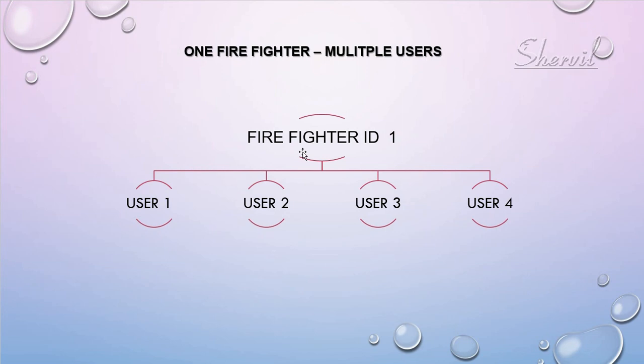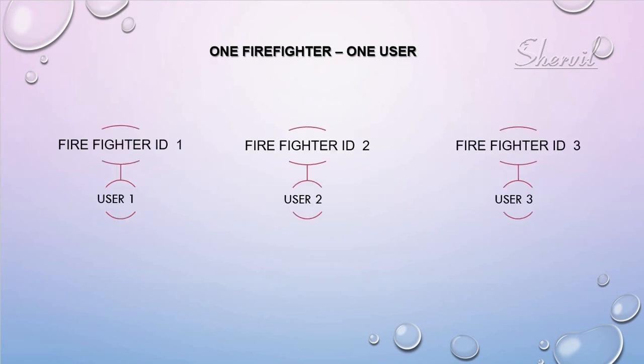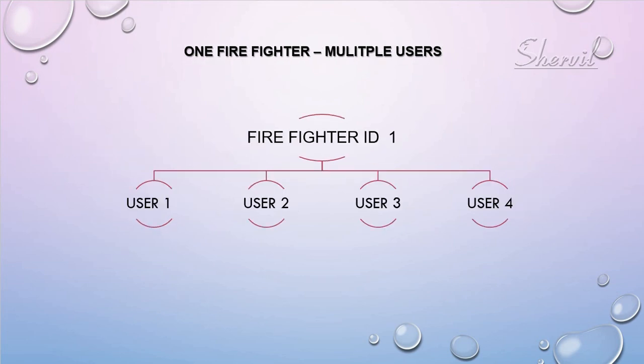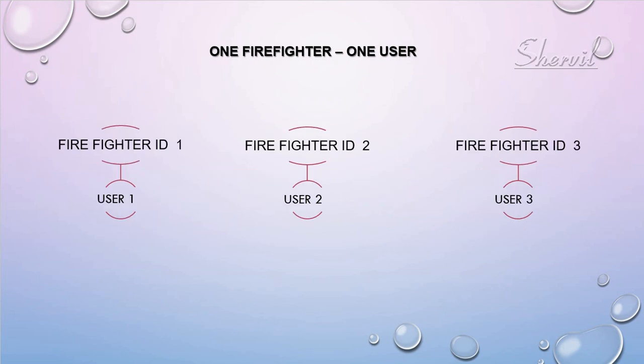You could also have one firefighter ID for multiple users. So the entire security team would use only one firefighter ID. You could have that too. So one firefighter ID for multiple users could be another thing that you might want to think about. And finally, you could also have one firefighter ID per user.